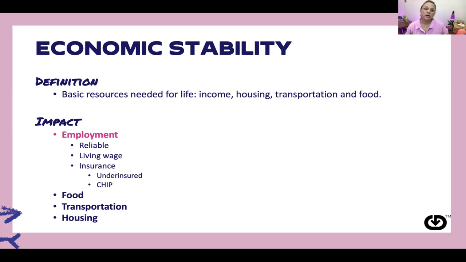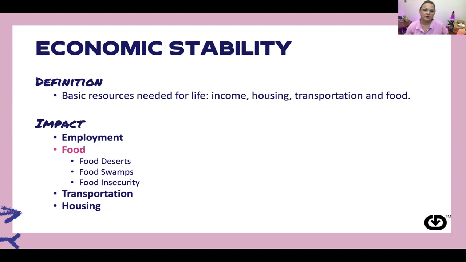And we can see something called CHIP. CHIP is a Medicaid-funded program for children who are 19 or under, whose parents make too much money to qualify for Medicaid, but can't afford private insurance. So we can see underinsurance and CHIP being issues.